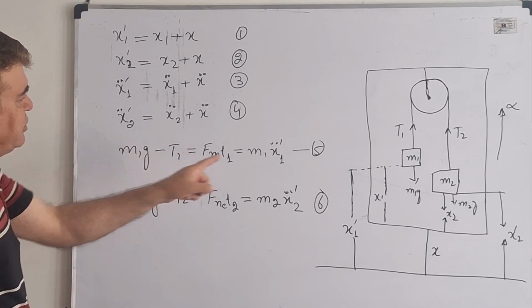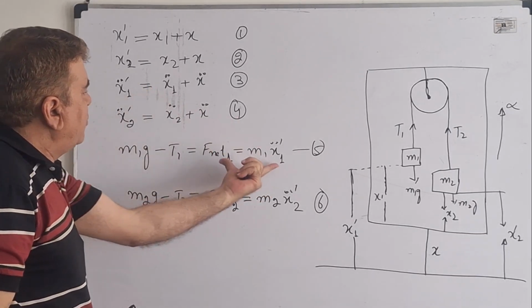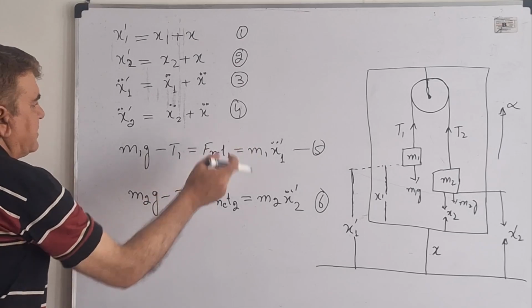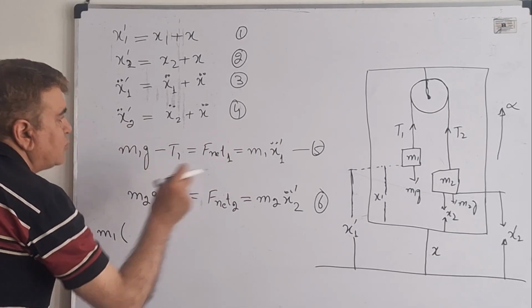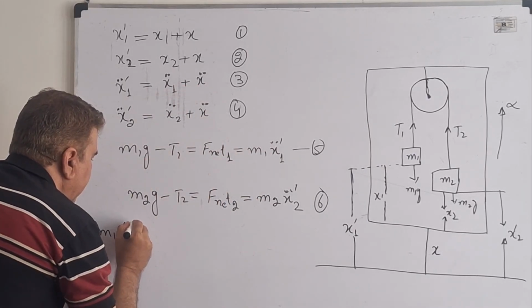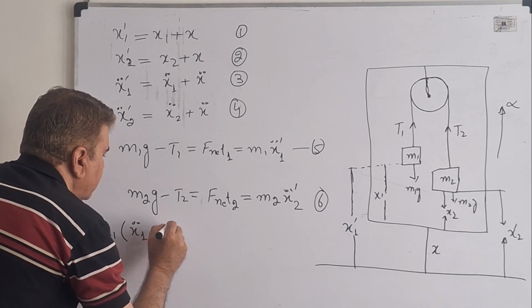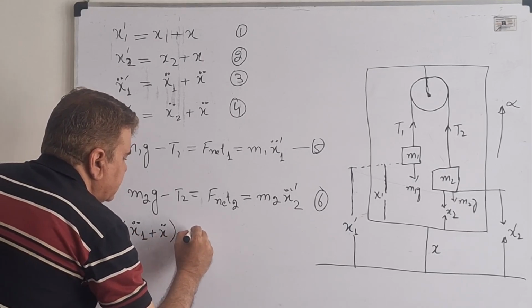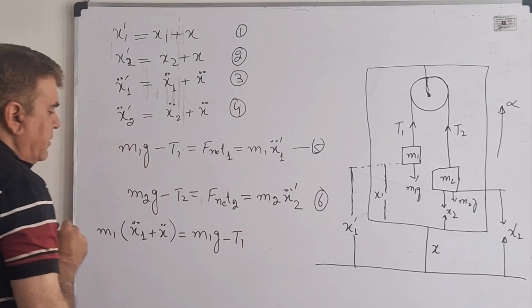Now, if I substitute the value of x double dot 1 from equation 3 into equation 5, I can write this as m1 into x double dot 1 plus x double dot equals m1g minus T1.